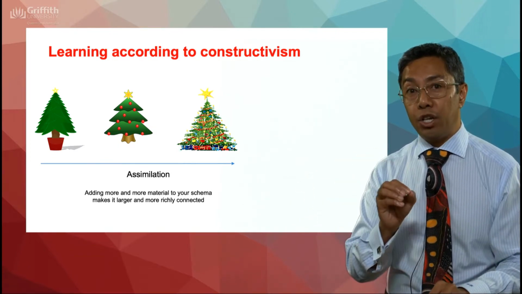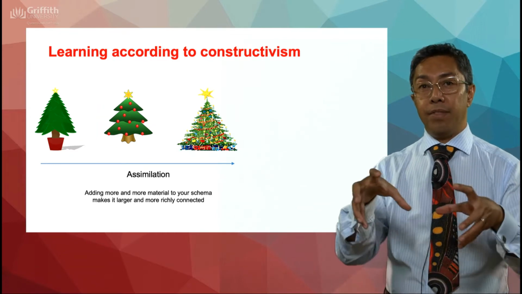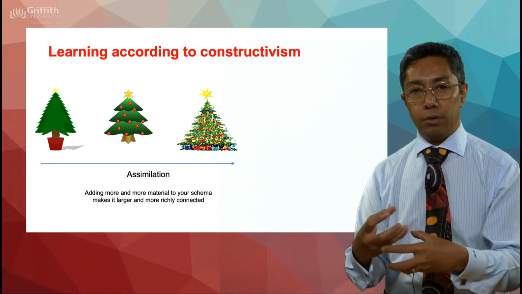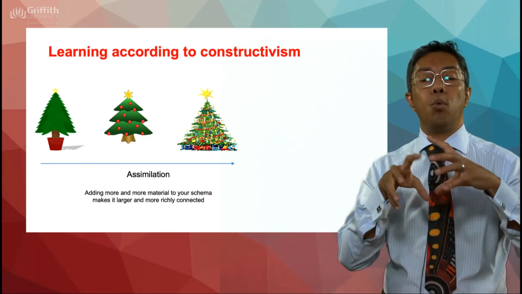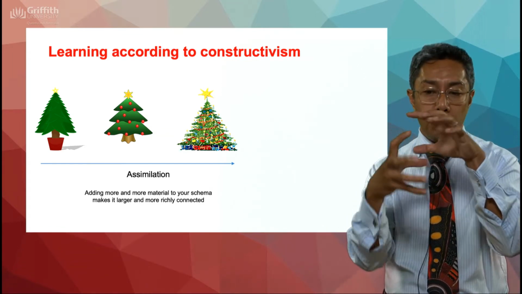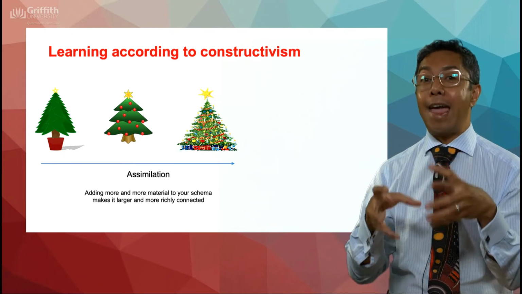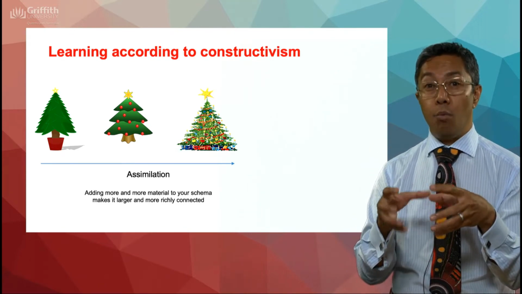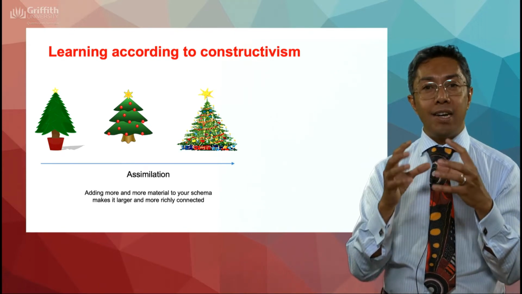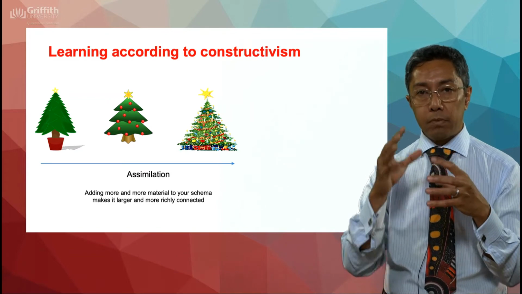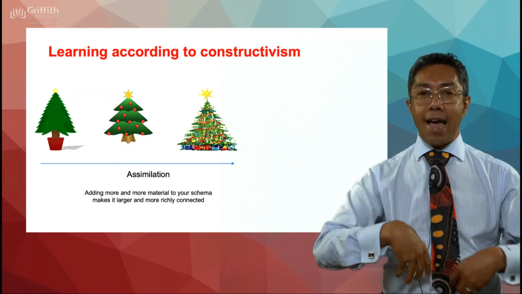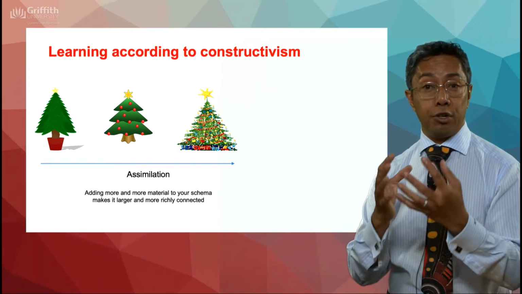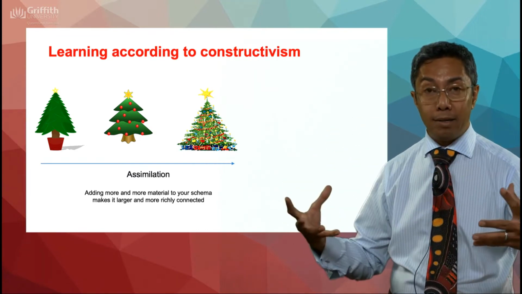Now, eventually what happens is that the more baubles that you add, the more tinsel that you add, you all of a sudden get deeper insights into the way that the decorations hang together on the tree, and what you end up with is a fundamental shift. So keeping this analogy of a Christmas tree, you're adding baubles, you're adding decorations to your Christmas tree, and it's getting bigger and bigger and bigger.